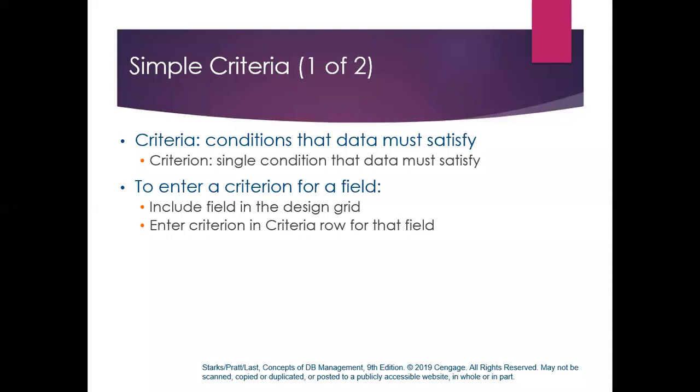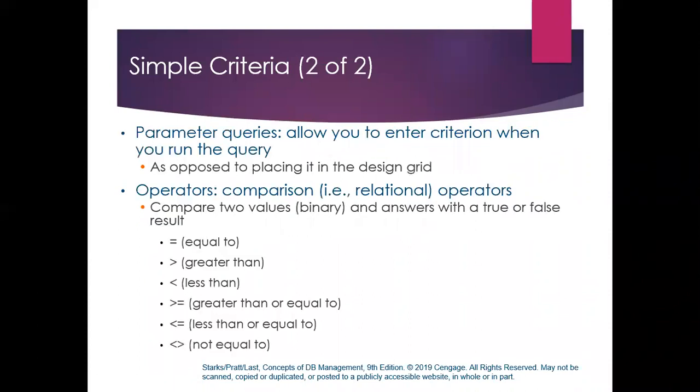So in a simple query, you're having to put in place conditions or criteria. And a criterion is simply a single condition that data must satisfy. Of course, we demonstrated how to go ahead and put in place a criterion. We demonstrated how to create a parameter query, which simply allows you to enter a criterion when you run the query.